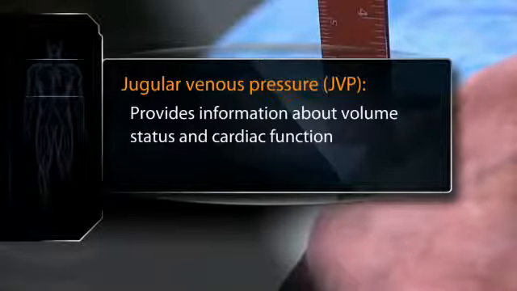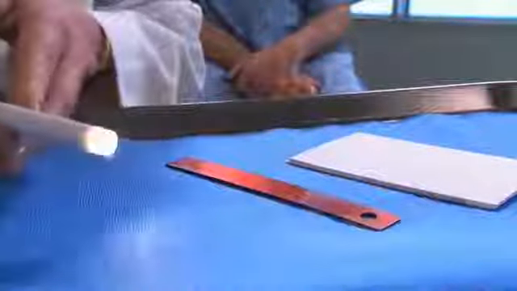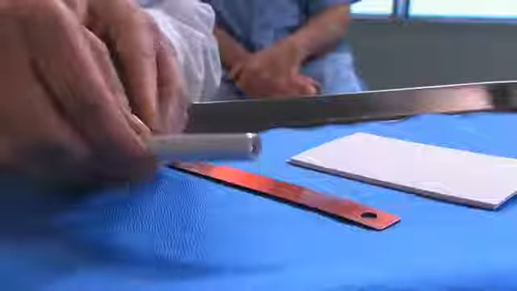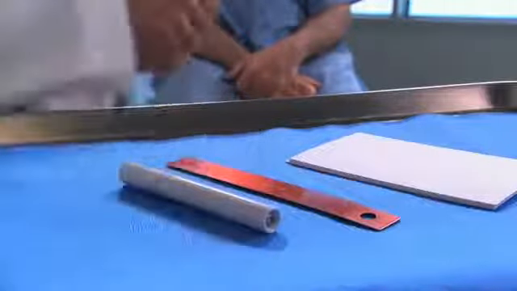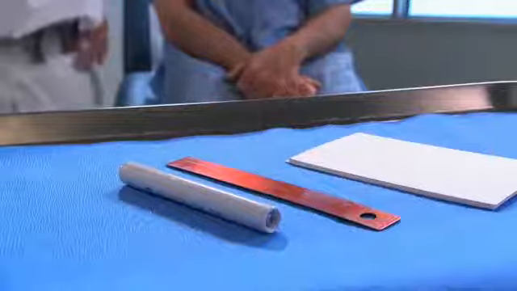The JVP also provides valuable information about the patient's volume status and cardiac function. Estimating the patient's JVP is one of the most important and frequently used skills of physical examination, and often the first step in your cardiovascular assessment.